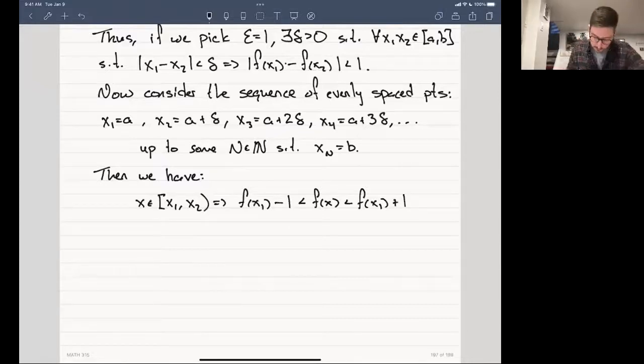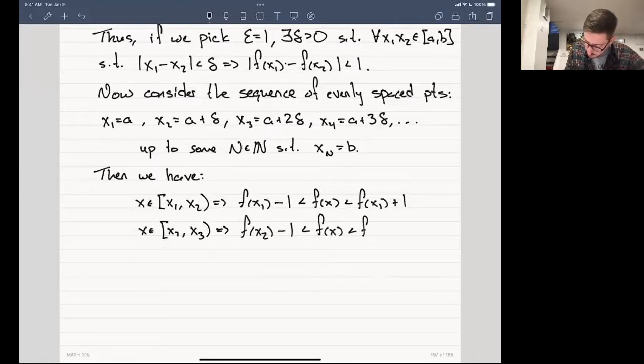Similarly, if I take x between x2 and x3, again, the length of these intervals is delta, so the uniform continuity properties apply. I get f of x2 minus 1 is less than f of x, which is less than f of x2 plus 1. And you can keep going.